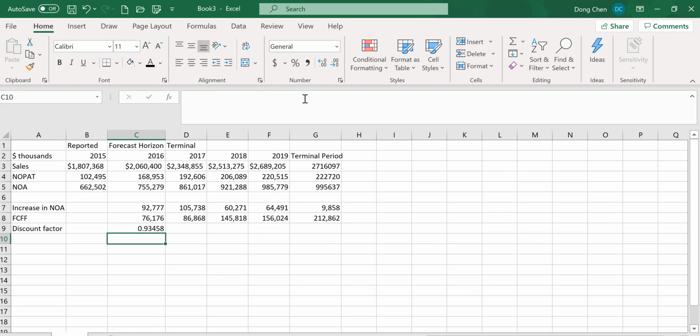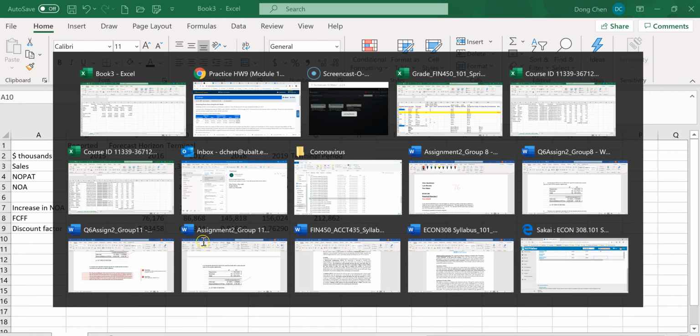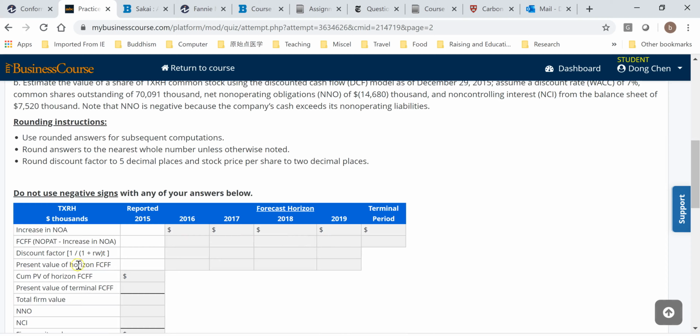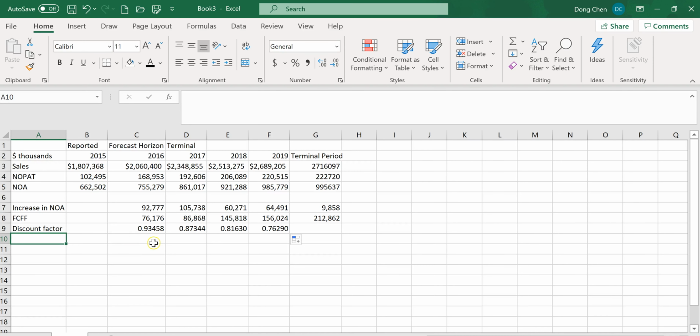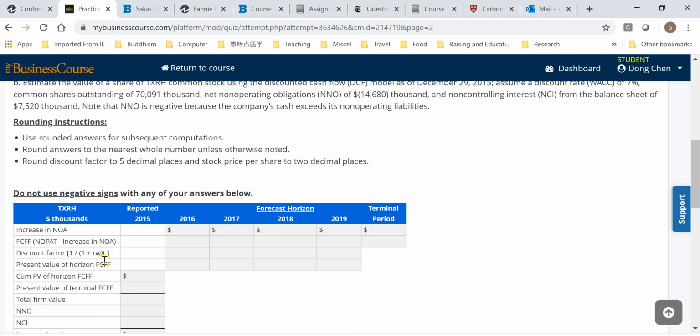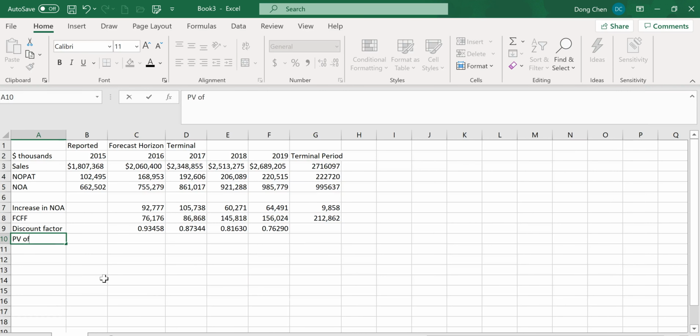So it's going to be 5, and then I can drag the cell to the last horizon period 2019, and then I can sum up the present value of horizon FCFF, right?